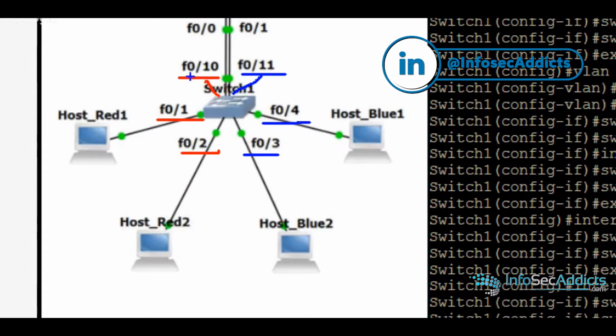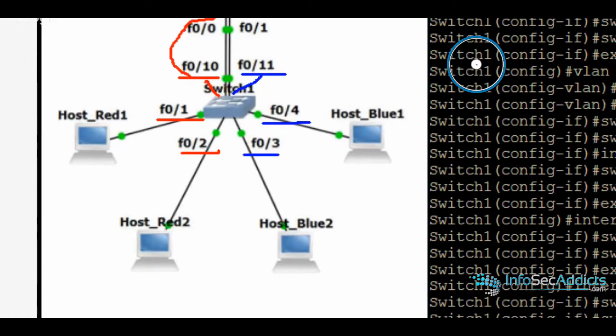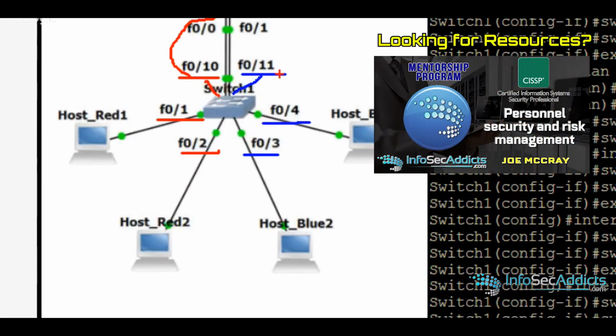So now I need to configure the router to handle that VLAN, and here I need to configure the router to handle the VLAN over here. This way the router connects both the red and the blue VLANs.